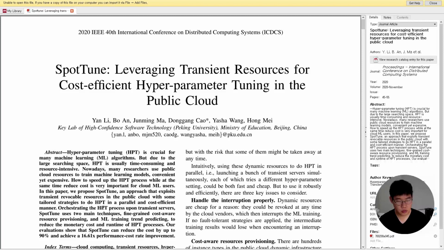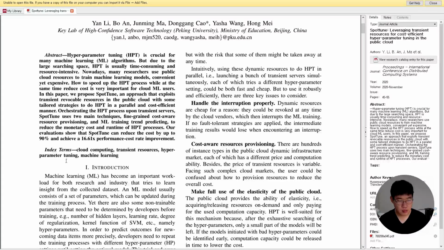SpotTune uses two main techniques: fine-grained and cost-aware resource provisioning, and machine learning training trend predicting to reduce the monetary cost and runtime of HPT processes. Our evaluation shows that SpotTune can reduce the cost by up to 90% and achieve a 61% performance-cost rate improvement. Index terms: cloud computing, transient resources, hyperparameter tuning, machine learning.